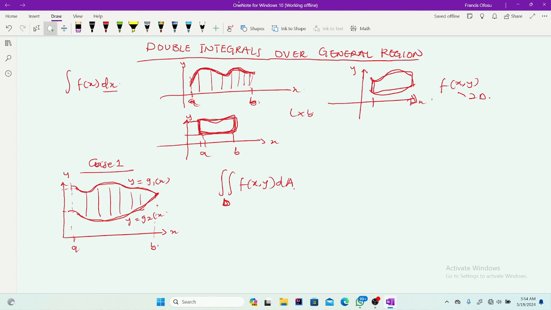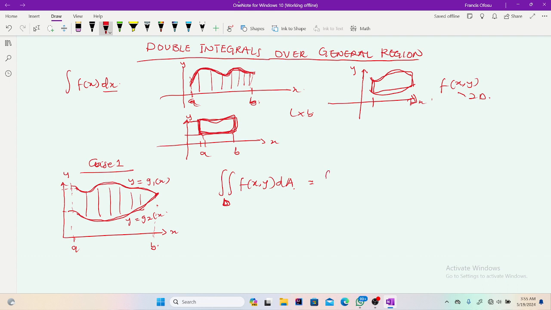So in this scenario, our plane has two curves parallel to x. Once it's parallel to x, you realize that the limits for the x side are a and b. For our case one, in our double integral, always take note that we move constant limits to the outer integral.